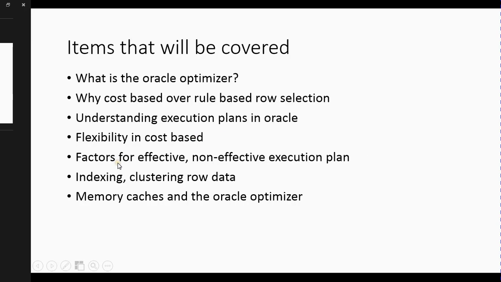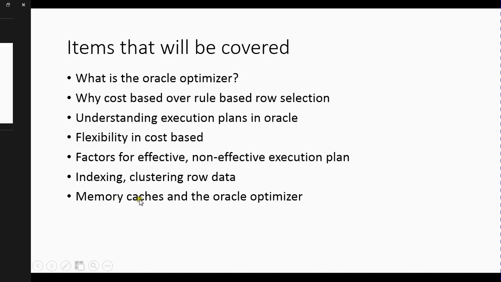And then I'm going to cover the factors for effective as well as non-effective execution plans, the different things you have to consider that would make your execution plan ineffective or effective. And then I'm going to focus on indexing and also clustering raw data.